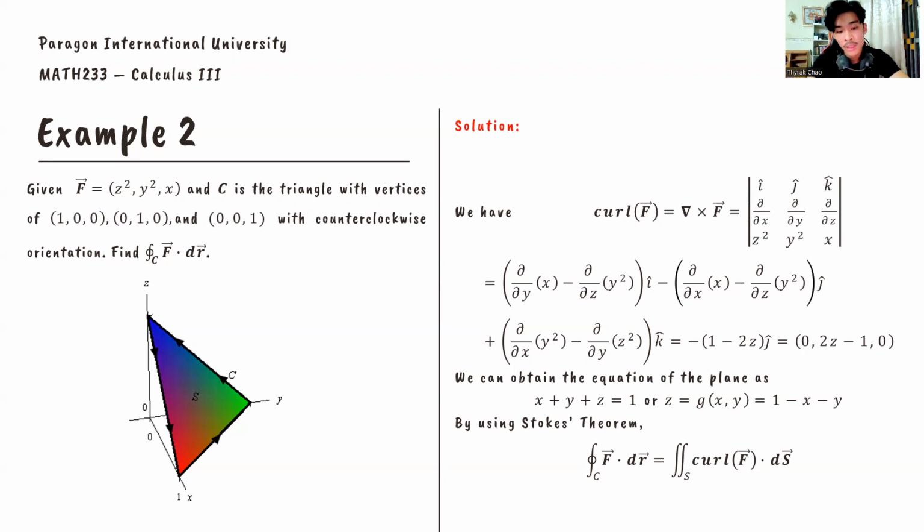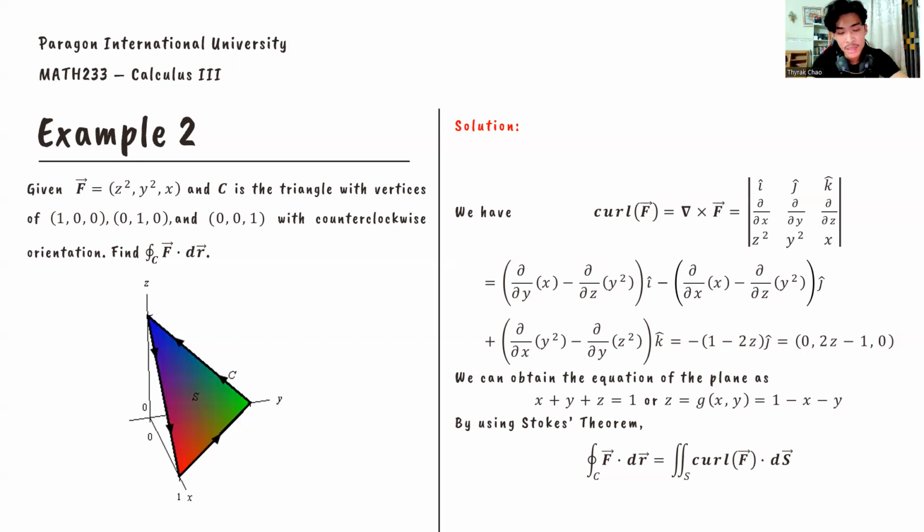We have the curl of F, which is del cross F, the determinant of the matrix with i, j, k, partial derivative with respect to x, partial derivative with respect to y, partial derivative with respect to z, and z squared, y squared, x. This is equal to the partial derivative of x with respect to y minus the partial derivative of y squared with respect to z, times i hat, minus the partial derivative of x with respect to x minus the partial derivative of z squared with respect to z, times j hat, plus the partial derivative of y squared with respect to x minus the partial derivative of z squared with respect to y, times k hat.